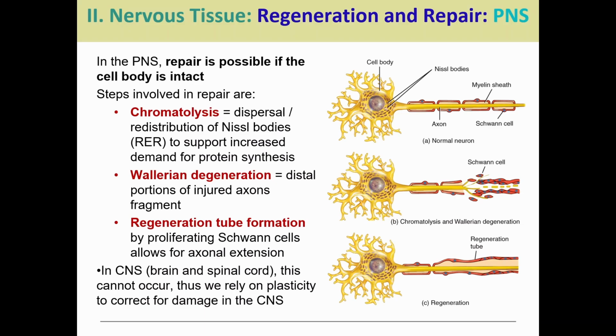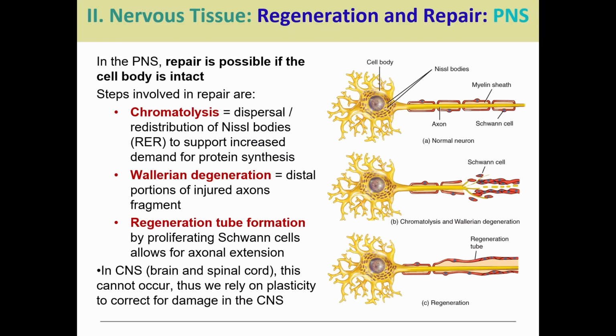The first thing that happens is chromatolysis, where we're basically redistributing what are called Nissl bodies, which is just the rough ER, which is going to help produce proteins. This is because we're going to need a whole lot of new proteins, so we're redistributing them so we can make more proteins. Then Wallerian degeneration. This is where we remove the axon fragments. Basically, we remove the portions of the damaged axon, and then we regenerate that axon using proliferating Schwann cells.